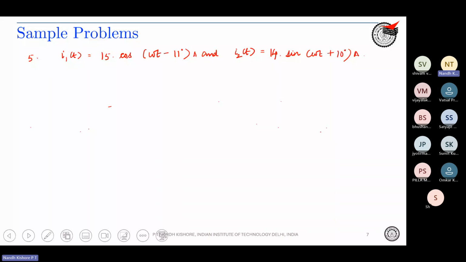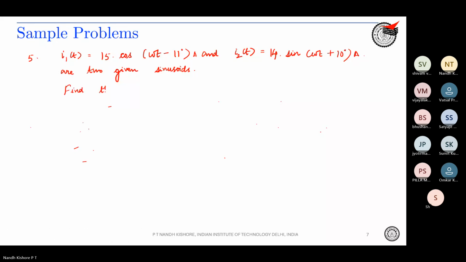These are two given sinusoids. Find their difference. Answer in polar form.